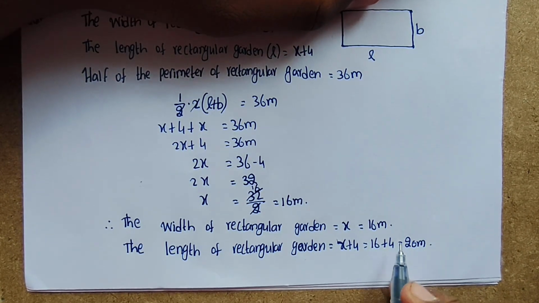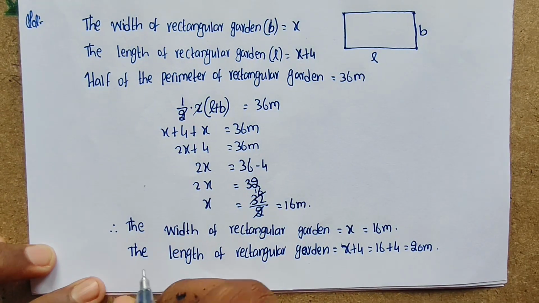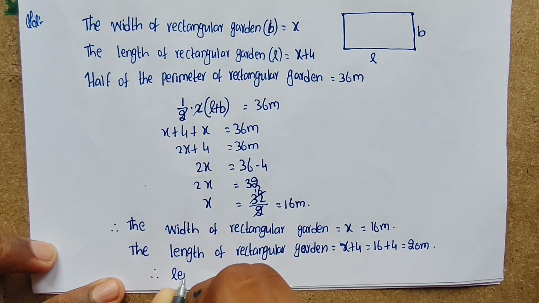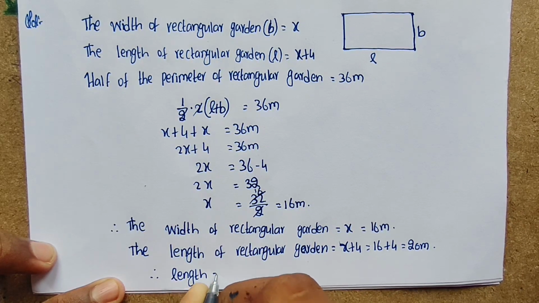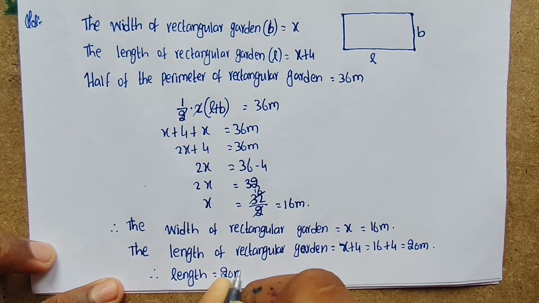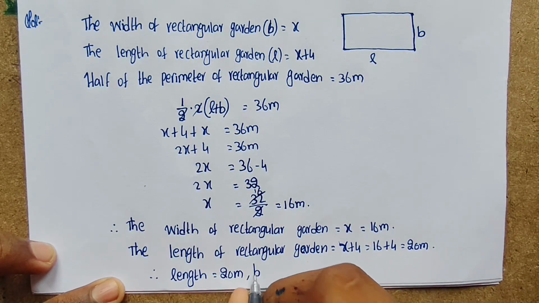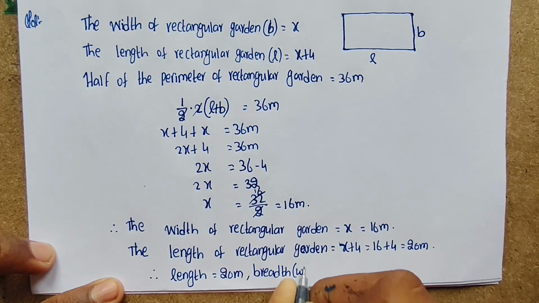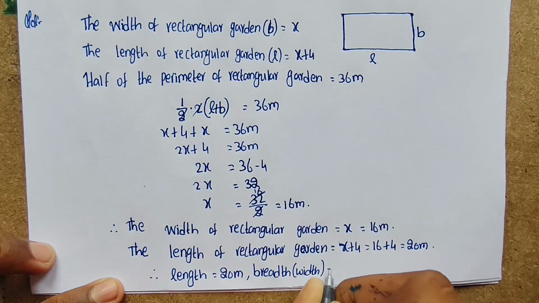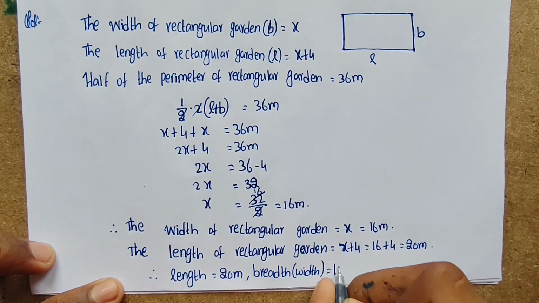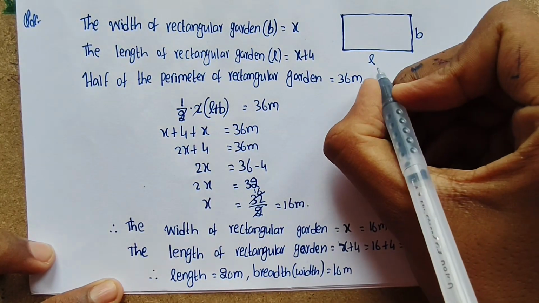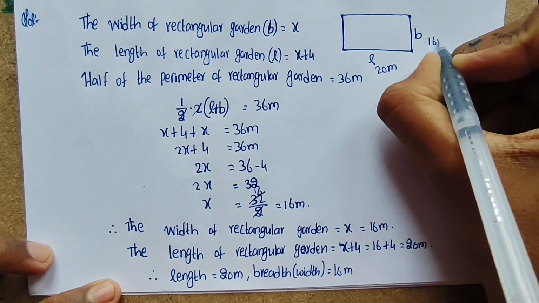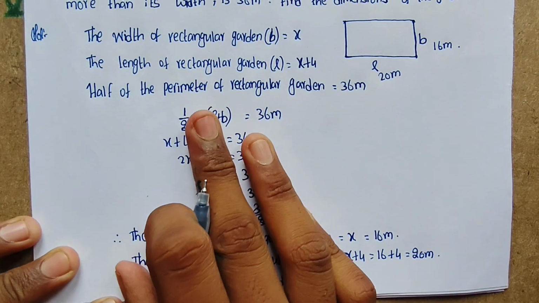These are the dimensions of the garden. So I am writing here: length equals 20 meters and the breadth, meaning width, equals 16 meters. We got L equal to 20 meters and the breadth is 16 meters. So we have completed the fifth problem.